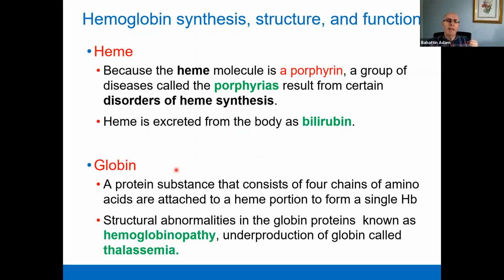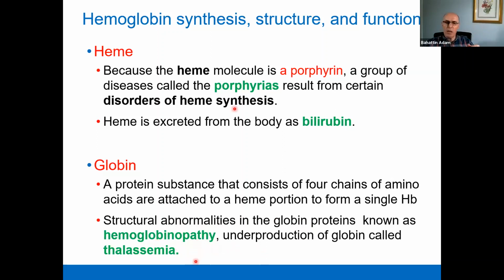And globin, the second part of the hemoglobin, consists of the 4 polypeptide chains. A structural abnormality of the globin proteins is known as hemoglobinopathy, and underproduction of the globin is known as thalassemia.